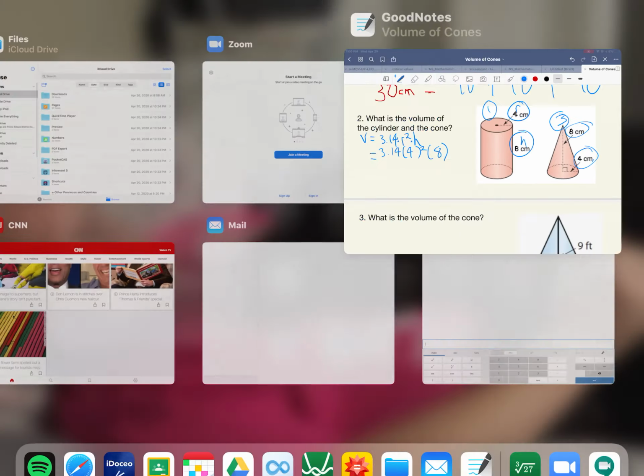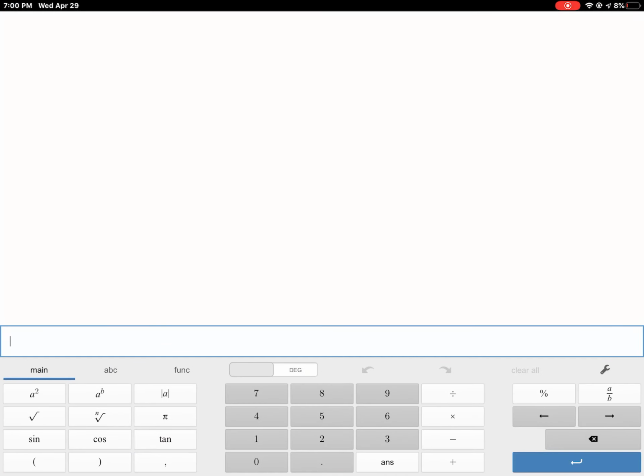So we're going to go to the Desmos Scientific Calculator, which you can download for free. DESMOS. It's free on Android and it's free on Apple. So I would get it if possible. So what we had is 3.14 times radius squared, and the radius was 4.